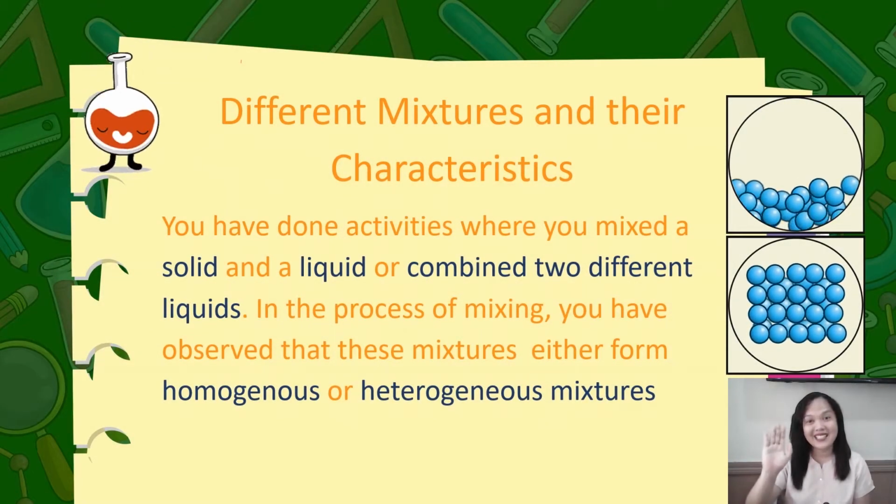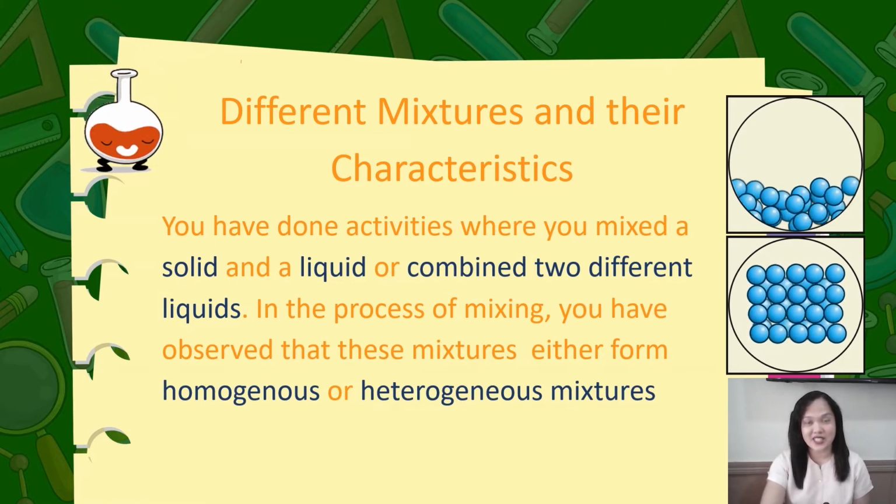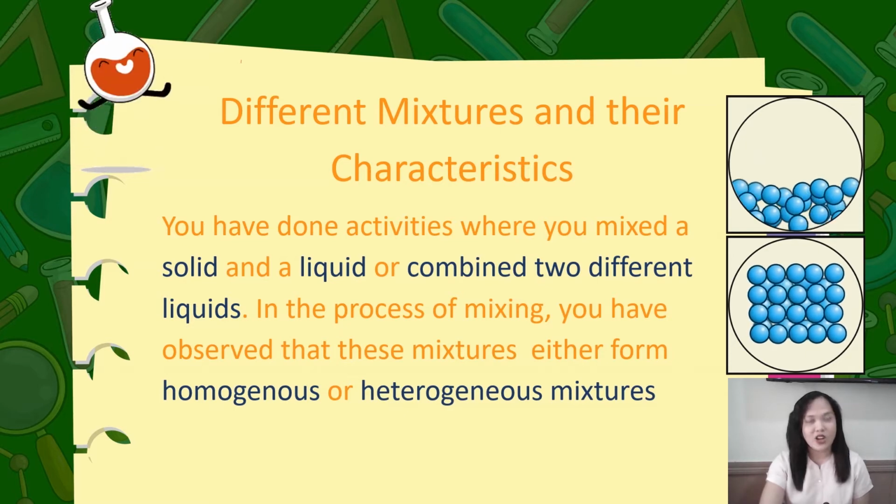Hello kids! We're back! Now, let us start remembering your lesson in grade 6 about different mixtures and their characteristics. You have done activities where you mixed a solid and a liquid, or combined 2 different liquids.